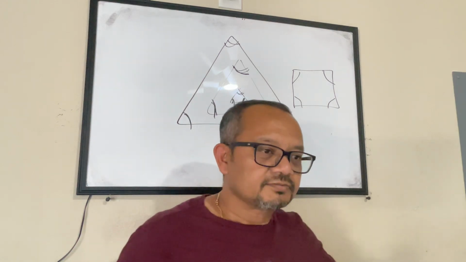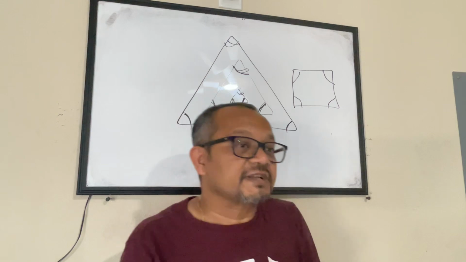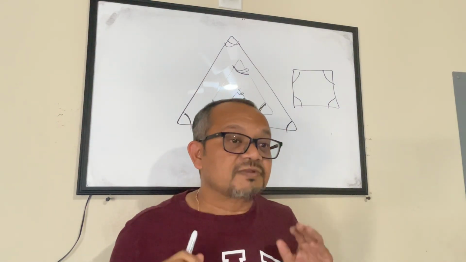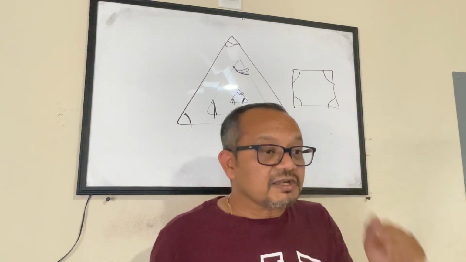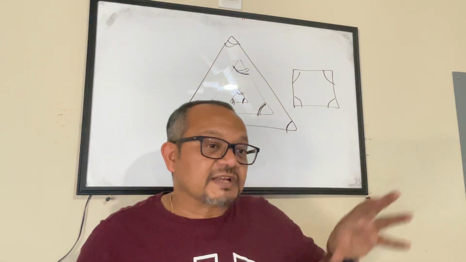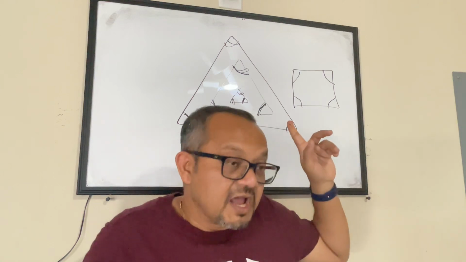No. So similarity, again, we are trying to understand what we mean by similar. Once we understand this concept, then we'll talk about where we use it. First of all, the time that we are spending is primarily to understand what we mean by similar.